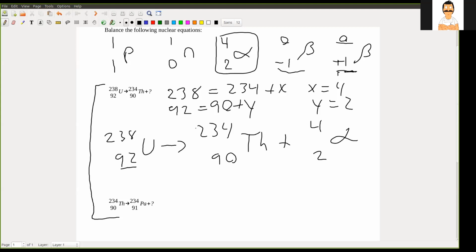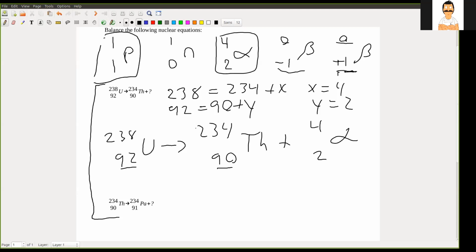Note that the 92 signifies uranium and the 90 signifies thorium. So you would never have a daughter species in this case that would be uranium-234 with a 90 underneath. We use the number of protons in our periodic table to identify the different elements. So it's very important that you correspond the subscript with the appropriate species. And that can get a little tricky when you're looking at protons.